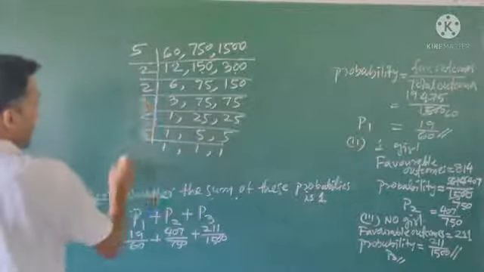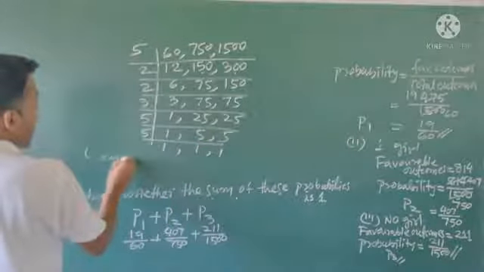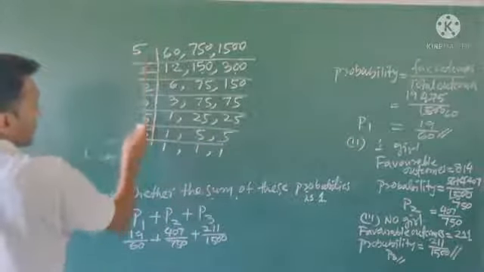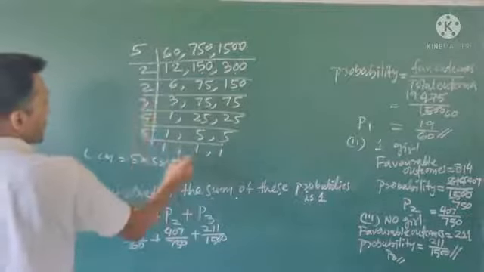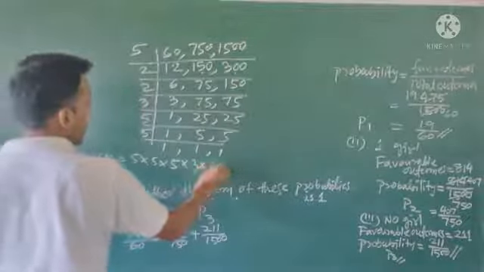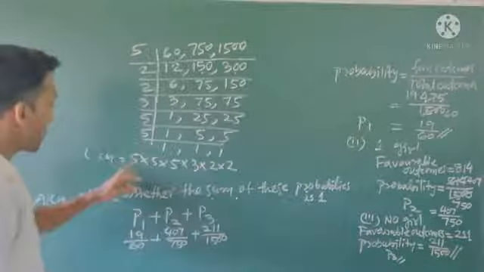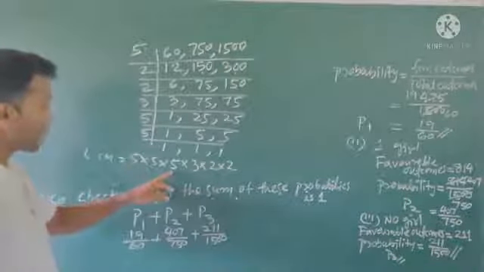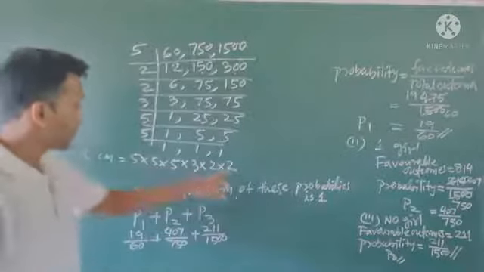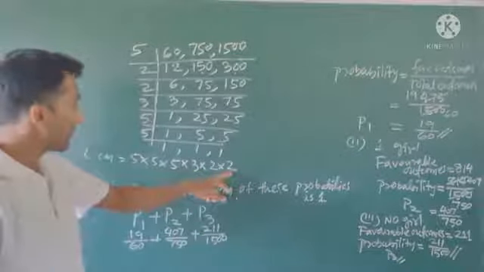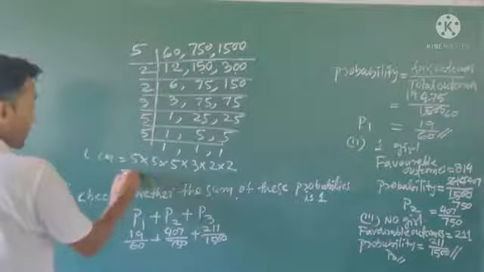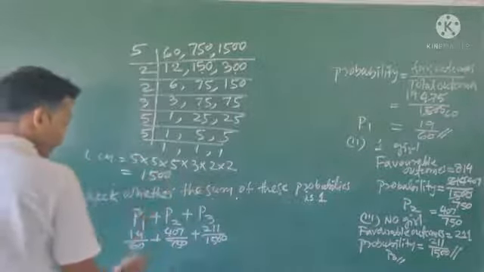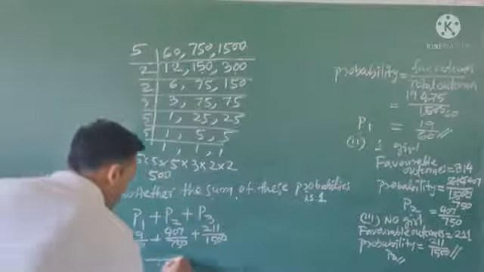So how much are we getting for the LCM? 5, 5, 5, 3 times, 3 into 3 into 2 into 2. 5 into 5 is 25, 25 into 5 is 125, 125 into 2 is 250, 250 into 2 is 500, 500 into 3 is 1500. So the LCM we get is 1500.